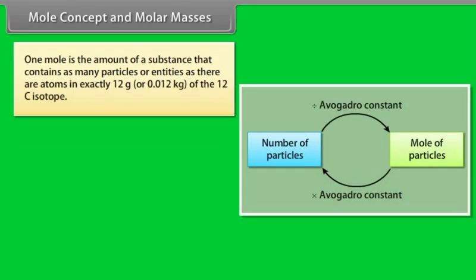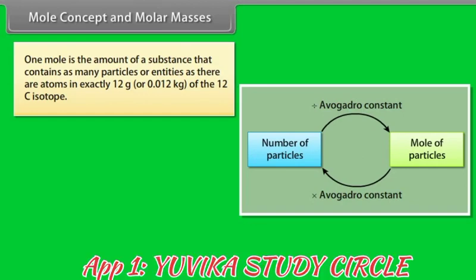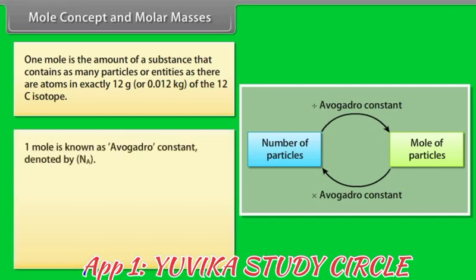Mole concept and molar masses. 1 mole is the amount of a substance that contains as many particles or entities as there are atoms in exactly 12 gram or 0.012 kg of the 12C carbon isotope. The number of entities in 1 mole is known as Avogadro constant, denoted by NA.